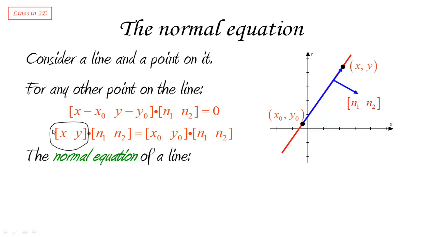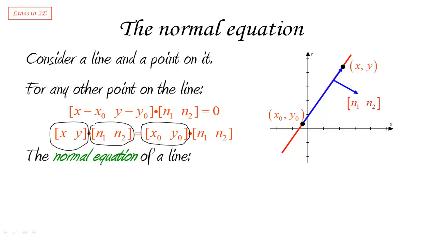However, you want to make sure to remember that it is an identification and that really vectors and points are not exactly the same thing. Anyway, (x, y) is the generic point on the line, and (n1, n2) is the vector perpendicular to the line. (x0, y0) is one point on the line, and then of course we have the (n1, n2), which is repeated. So this is called the normal equation because it heavily emphasizes the concept of the normal vector.